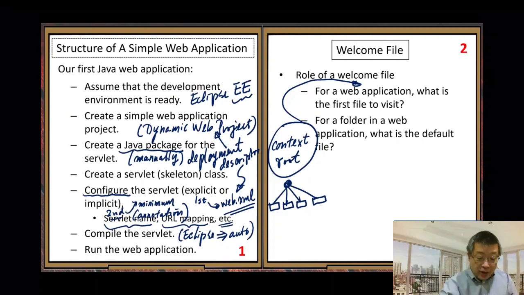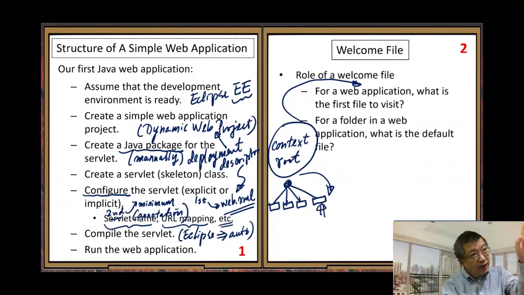So then, when our user visits each folder, you can consider that another welcome file is needed inside that folder. Because what is the first file to bring up in that folder, right?